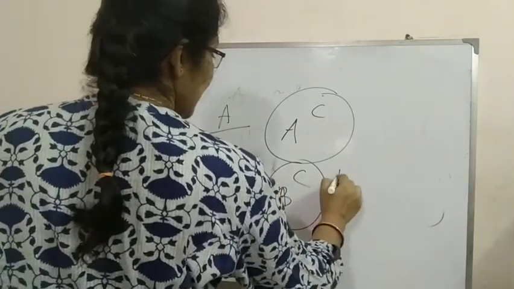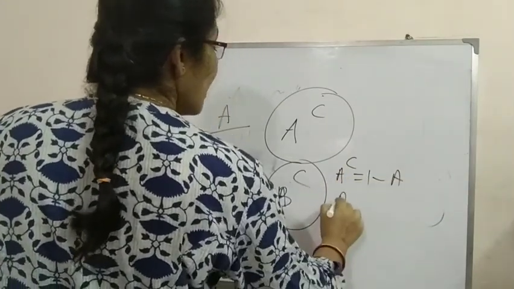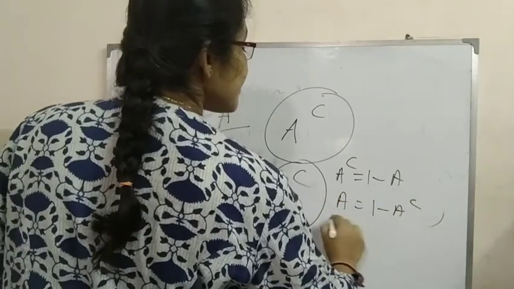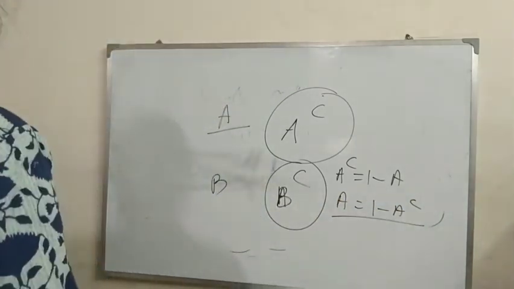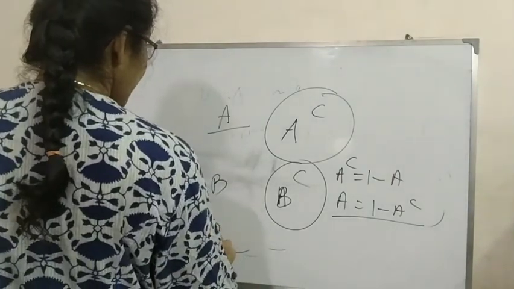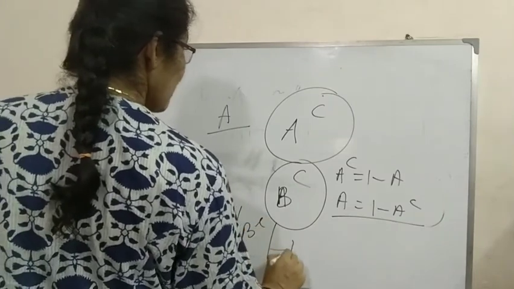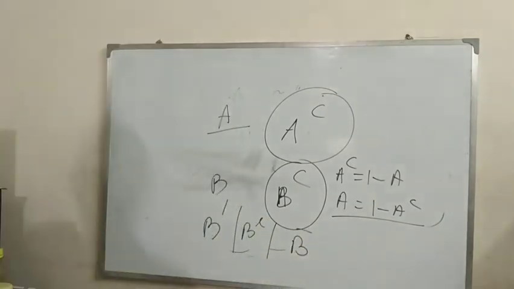That means A complement equal to 1 minus A, equal to 1 minus A C. Okay. And complement is denoted by B dash or B C or B bar also.